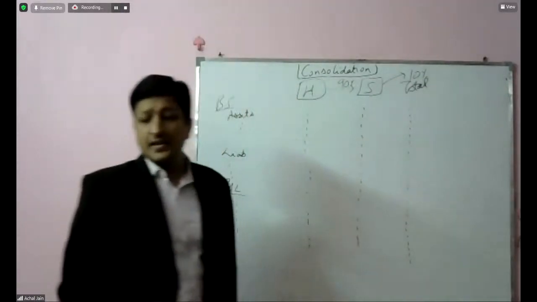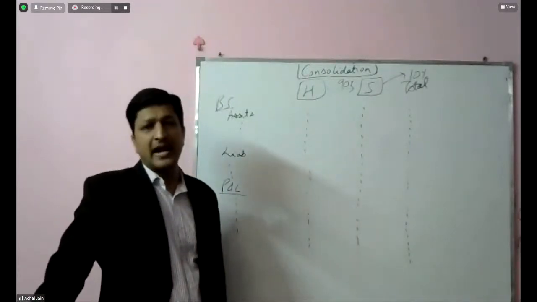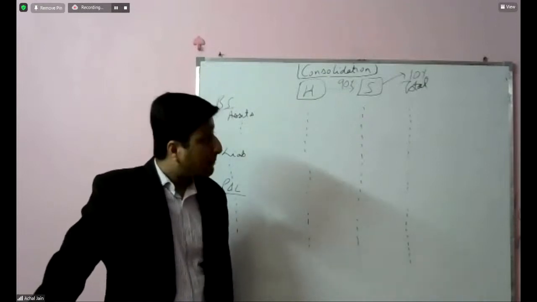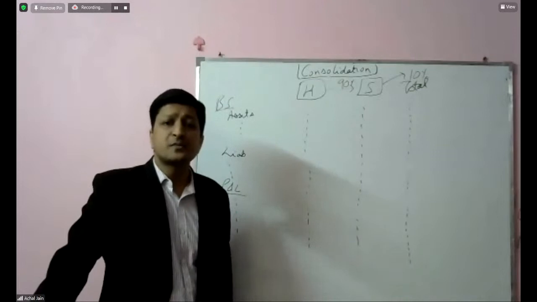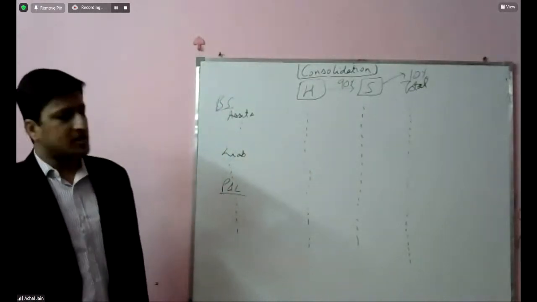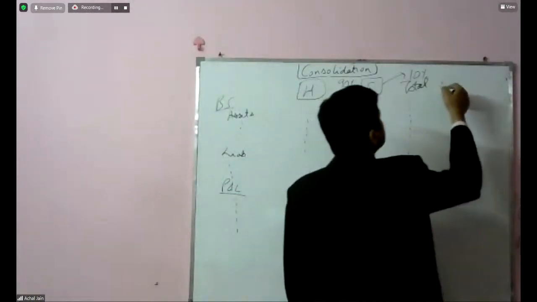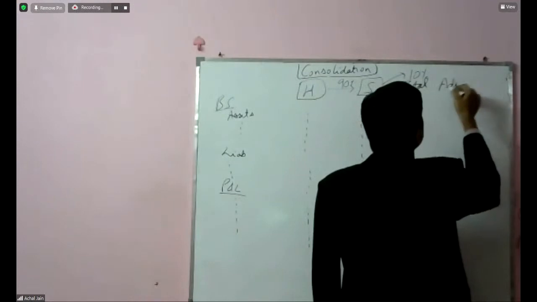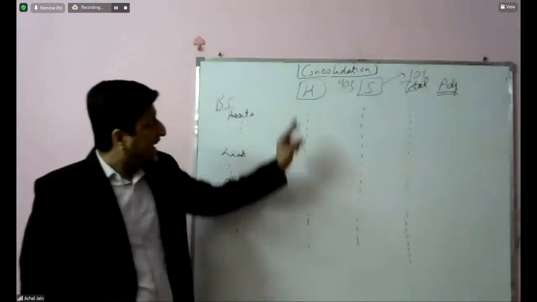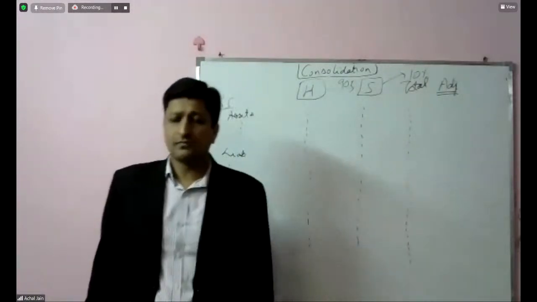All the line items of H and S, we will add. But certain adjustments will have to be made in this. What are those adjustments? Number one, H and S may be having intercompany transactions.